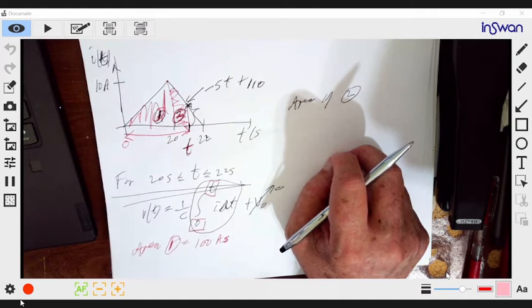Okay, T times negative 5T plus 110 divided by 2. You're just making stuff up.